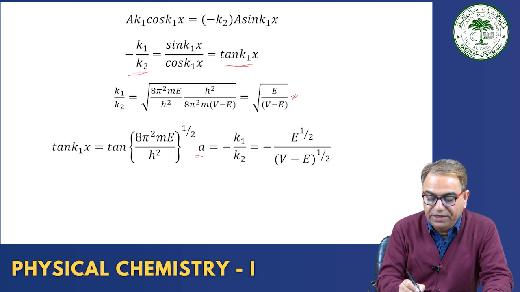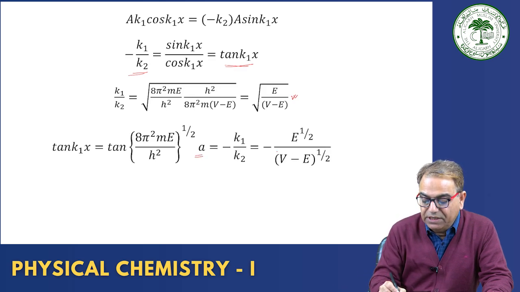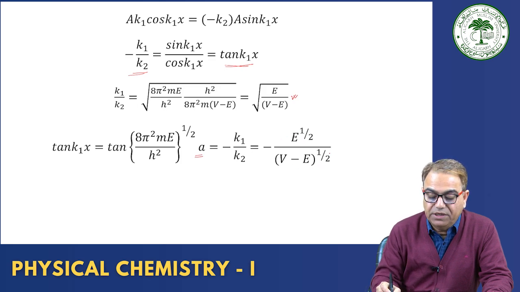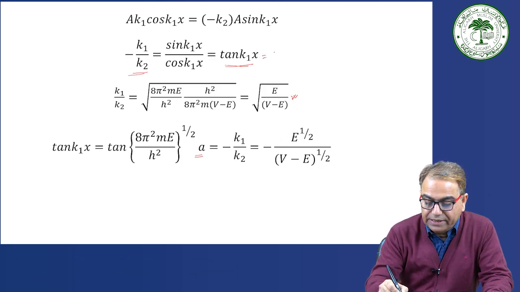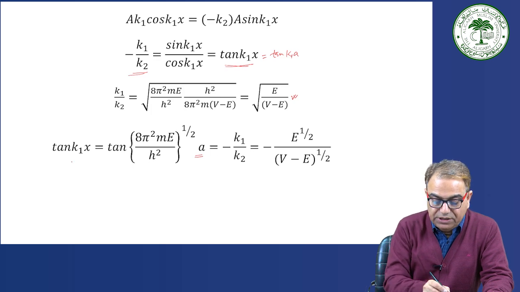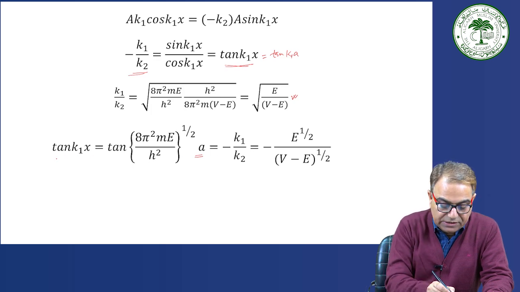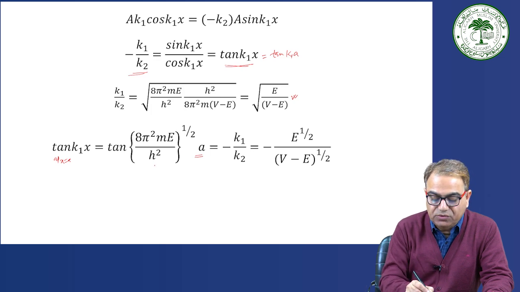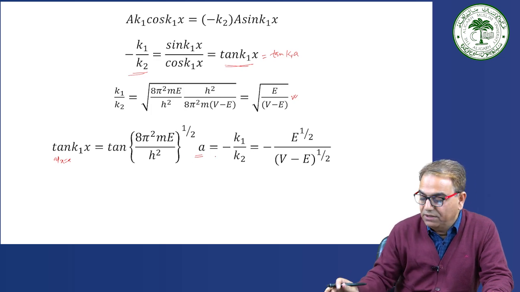Instead of x you have a, and minus k1 divided by k2 is equal to minus E raised to the power half, (V minus E) raised to the power half. Okay, so this also you can write as tan k1 a, because at x is equal to a we are talking about. Okay, now you have this equation: tan k1x at x is equal to a becomes tan of 8 pi square mE by h square raised to the power half, a, is equal to this one.